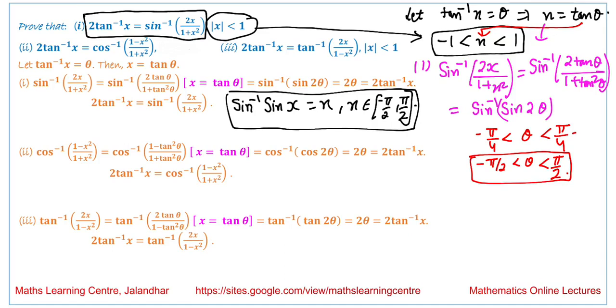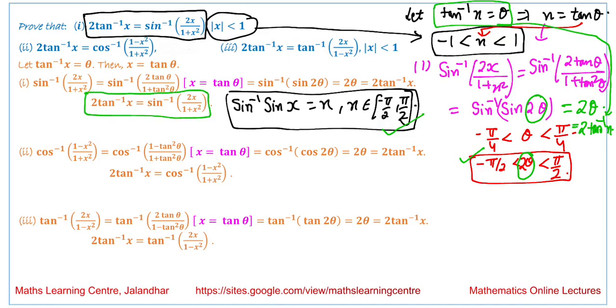The value of 2 theta lies in this interval, which means this formula is applicable, and the answer we obtain is 2 times theta, that is 2 times tan inverse of x, since theta is tan inverse of x. This is what we had to prove: 2 times tan inverse of x is equal to sine inverse of 2x over 1 plus x square.